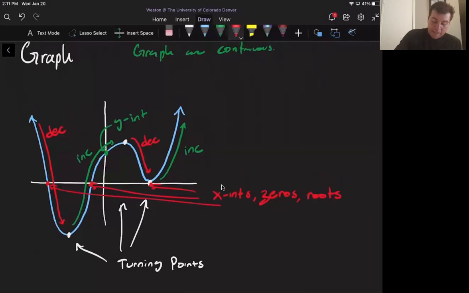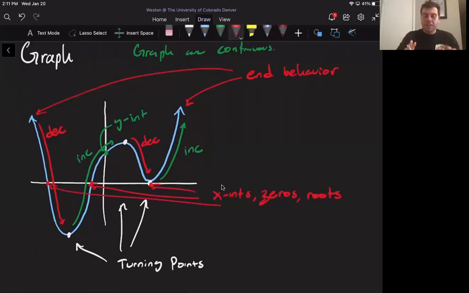And then the very last thing to point out with the graph is that these arrows indicate our end behavior. So it tells us that as the function's going towards positive or negative infinity, the function itself is going towards infinity.